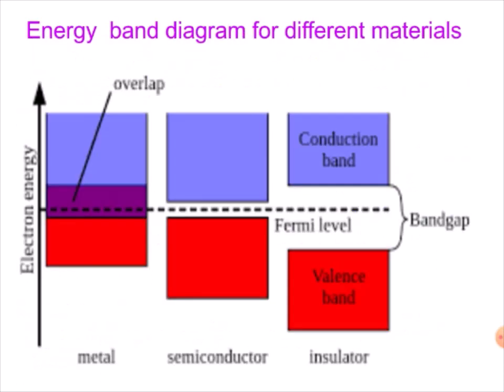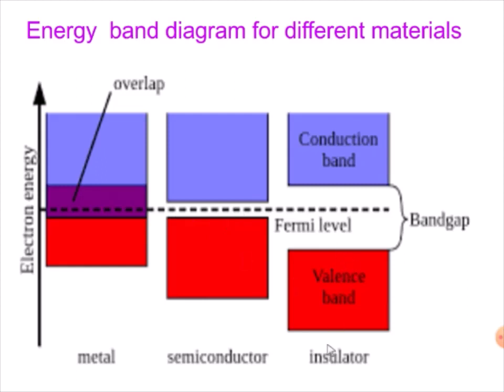Okay, this is about the energy band diagram. In the case of metal, valence band and conduction band overlap. In the case of semiconductor, the energy gap is very small, and the Fermi level is halfway between the conduction band and the valence band. Okay, halfway in between this gap, I mean.